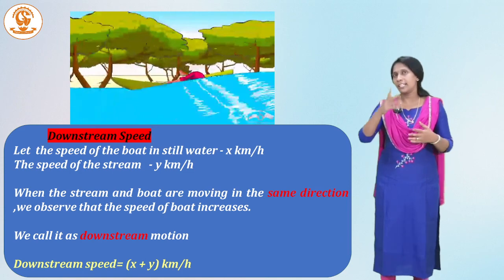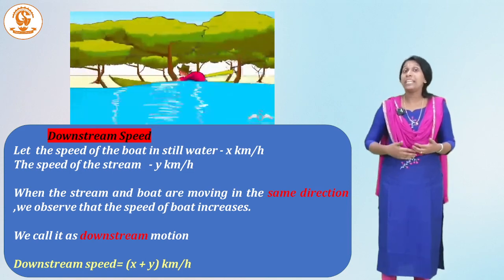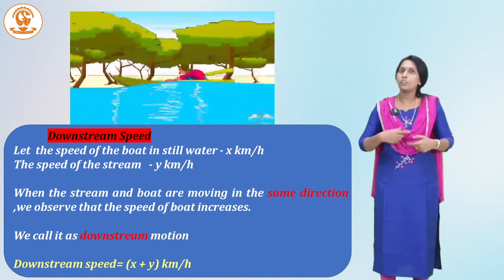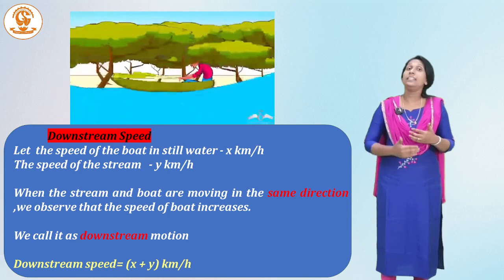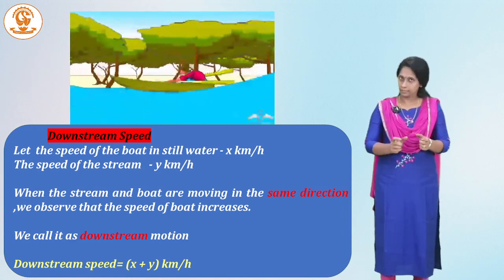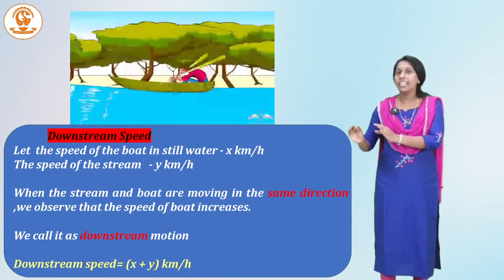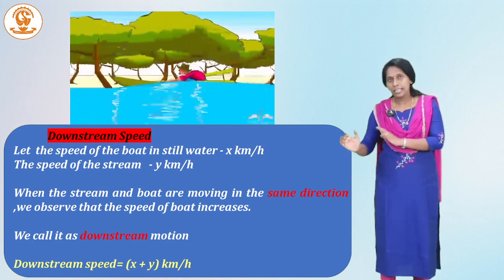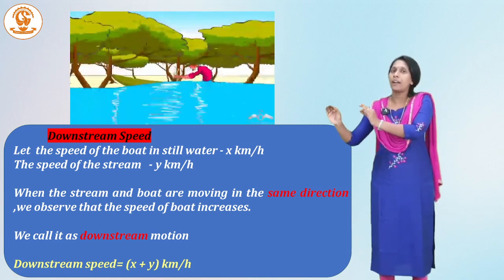You can see from the video that when he is moving downstream, the speed increases. So we can write the downstream speed as speed of the boat plus speed of the stream, so x plus y kilometer per hour.